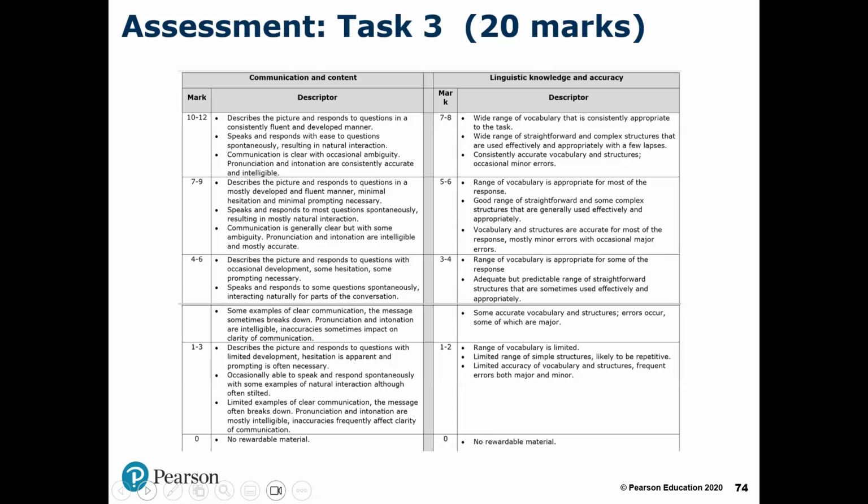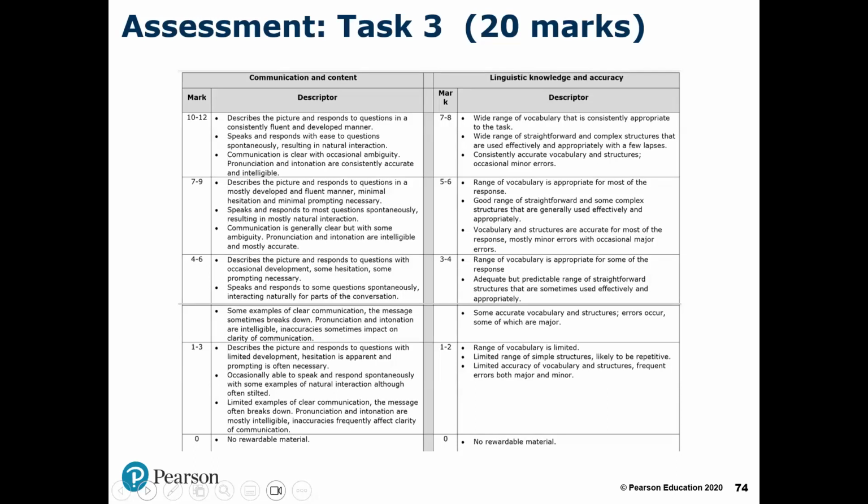Candidates need to speak and respond with ease to questions spontaneously, resulting in natural interactions. It needs to sound nice and natural. Communication is clear with occasional ambiguity. Pronunciation and intonation are consistently accurate and intelligible. And for the linguistic knowledge and accuracy, again, just the same things that I said about range of vocabulary and range of structures, and also accuracy.